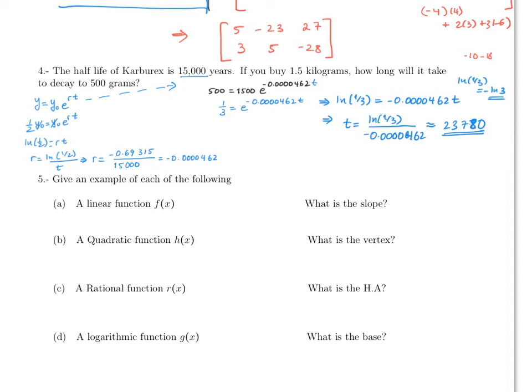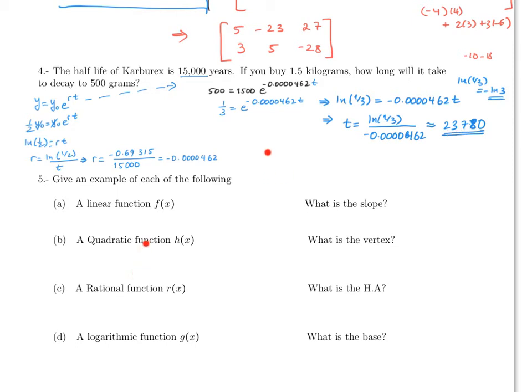Now, since 500 is less than that, it has to take more than 15,000 years. Now, half of 750 is 375. So in 30,000 years, you should have only 375 left. So therefore, this number makes sense because it's between 15,000 and 30,000.